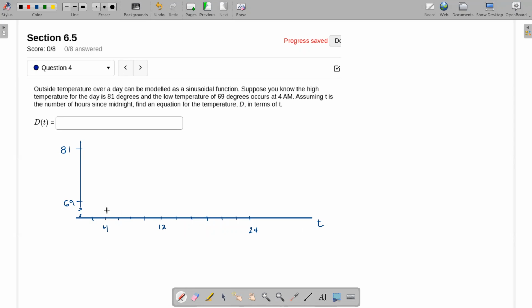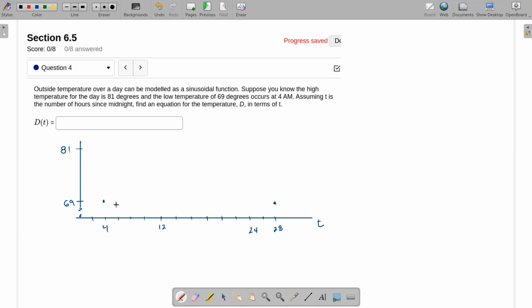And the low happens at 4 a.m. If we assume this pattern continues for a few days, then the next low will be at the next 4 a.m. So that would be 28 hours after that first midnight. So we'll get that low again occurring over here.